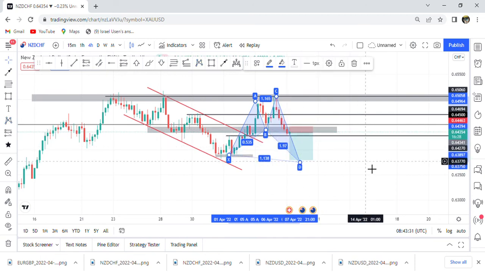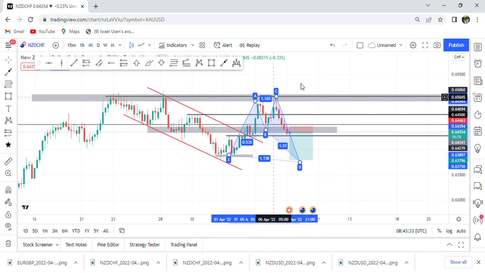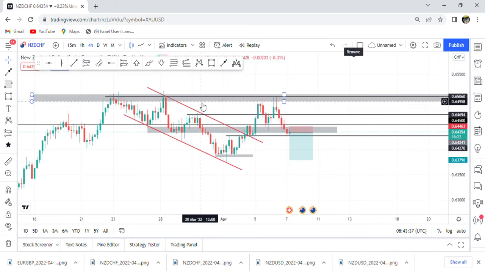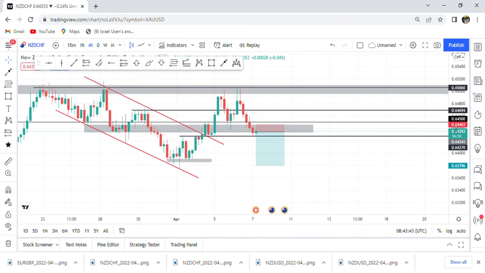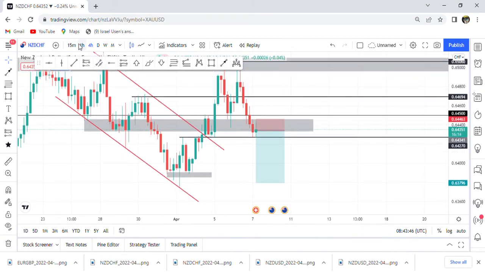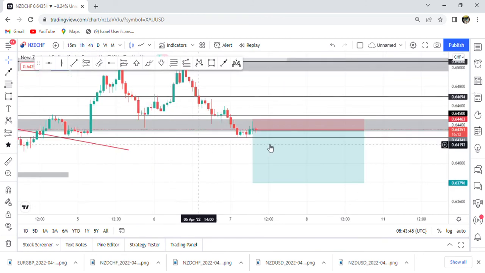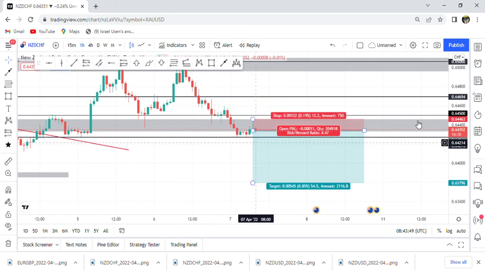I would have taken this trade earlier, but since I had a trade running already, I had to leave it. Whilst the trade is playing out, I'll be starting multiple positions later on.